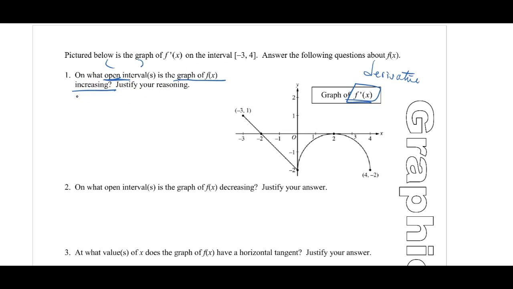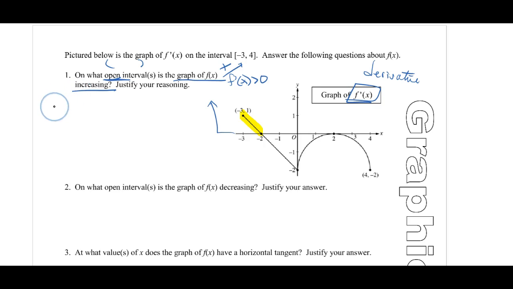When I hear function increasing, that means it's going up. That means my slope is positive. That means my derivative is positive. And so I'm looking for, where is my derivative? And this is my derivative. Where is it positive, or where is it above the x-axis? And the only place on this graph that the derivative is above the x-axis is from -3 to 2.